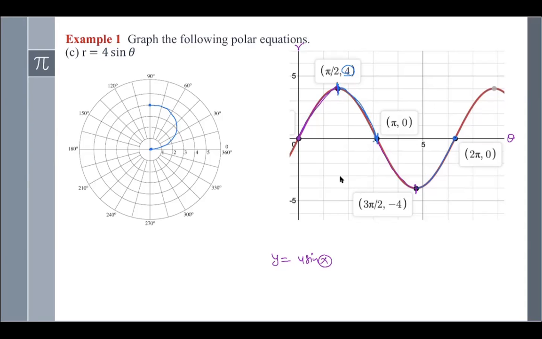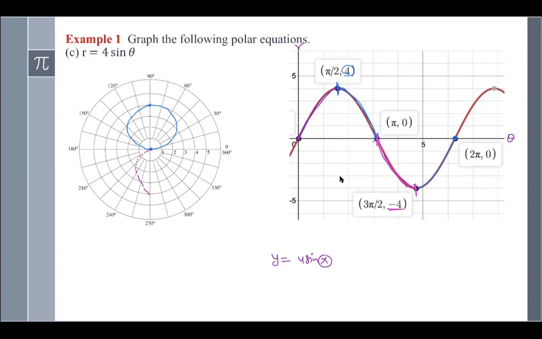From pi to 3 pi over 2, the radius increases, but it's a negative radius, so you might think of it like this. From here the radius starts to increase, and at 3 pi over 2, the radius becomes 4.